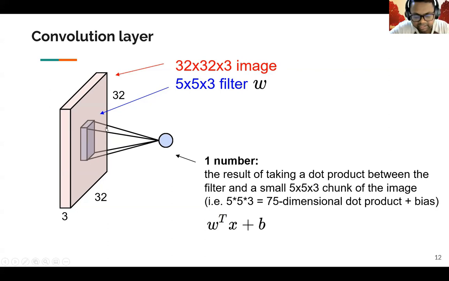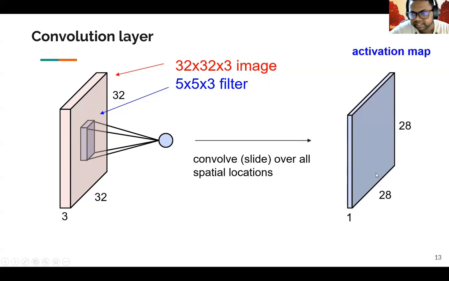In other words, if I now convolve it over the whole image space, then we get another image which will look something like this. So you're taking 32 by 32 by 3, convolving it with 5 by 5 by 3, giving us 1 by 28 by 28. This output which you get from a convolution layer is called an activation map.